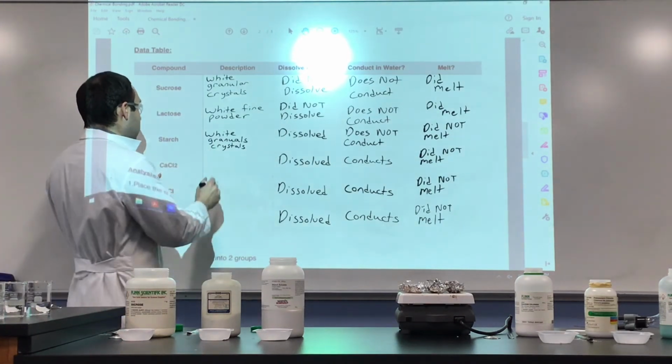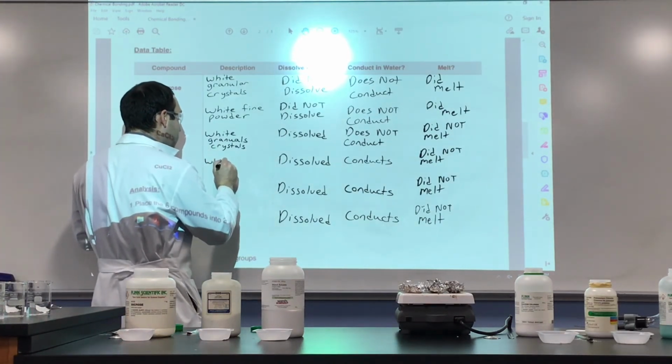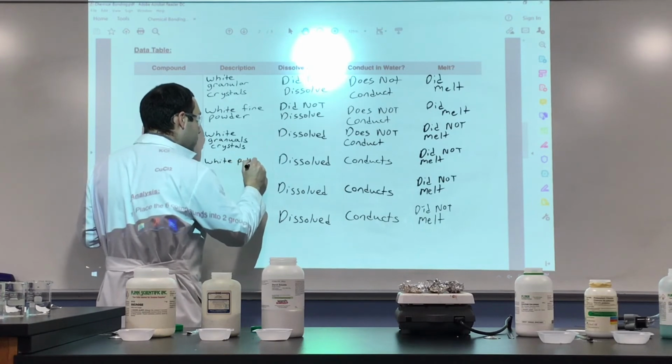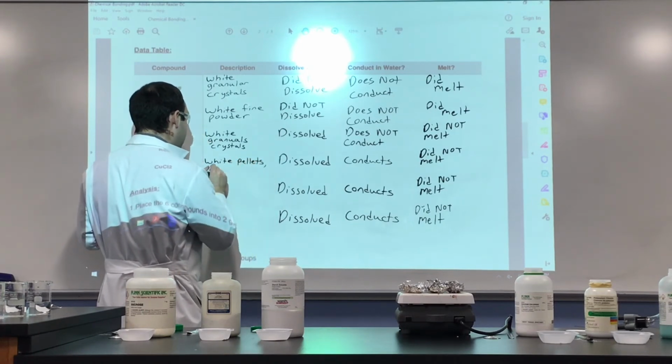CaCl2, we said were white pellets or fragments.